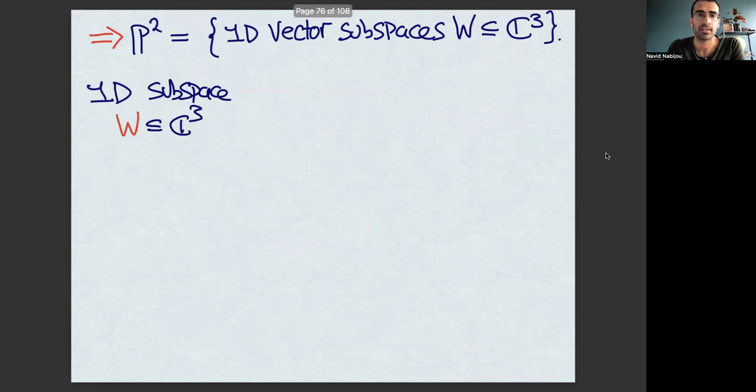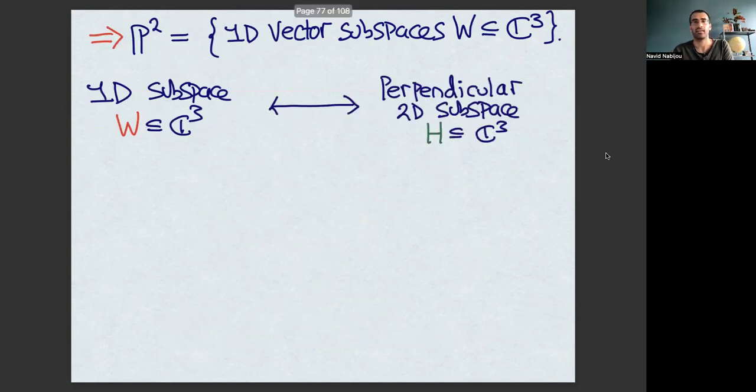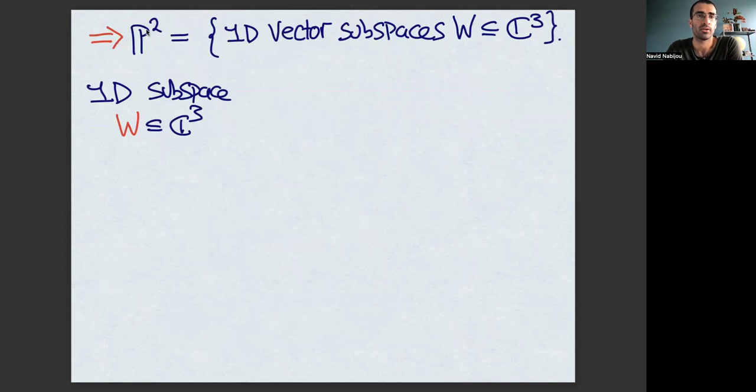Okay, so here's that stated again. Yeah, so in P2 on the left-hand side, I just have basically this space of one-dimensional subspaces.